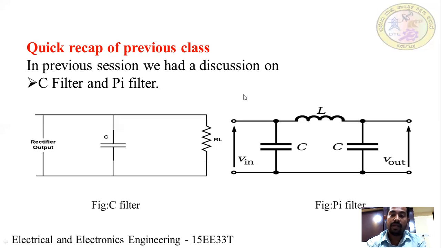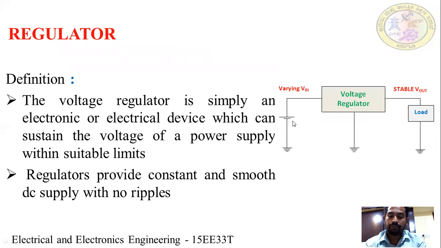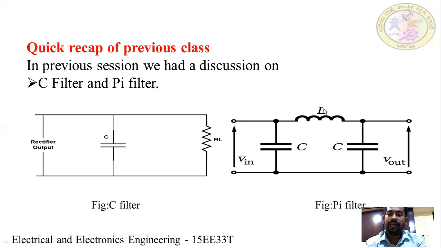It blocks the AC component here. Along with this, the inductor L, that is the choke, offers a very high resistance to AC content and very low resistance to the DC component.